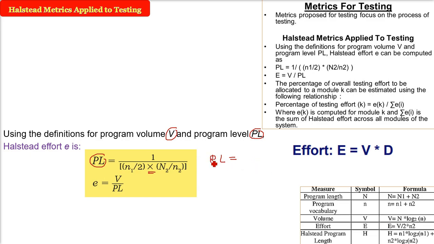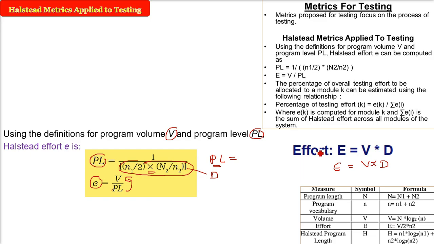As I said, difficulty and volume ratio are inverses of one another. E is effort, V is volume, D is difficulty. So effort is volume into D, difficulty.